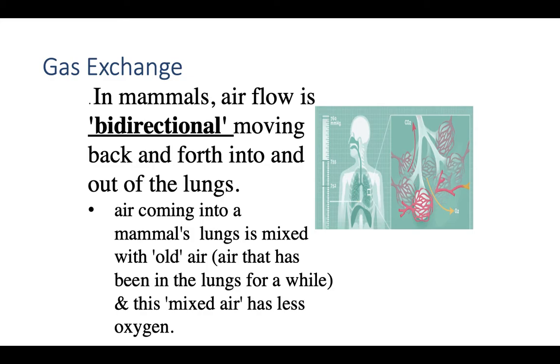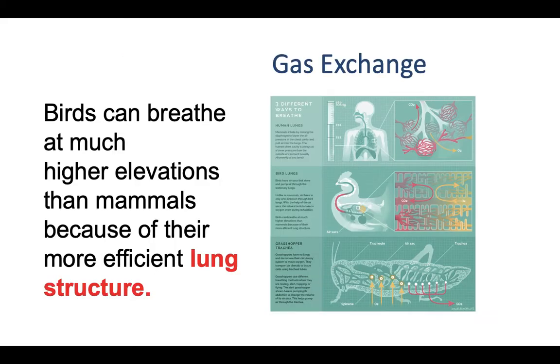So our respiratory system is not as efficient as birds. Birds really do one up us on that. Again, a bird can breathe at a much higher elevation than mammals because of their lung structure.